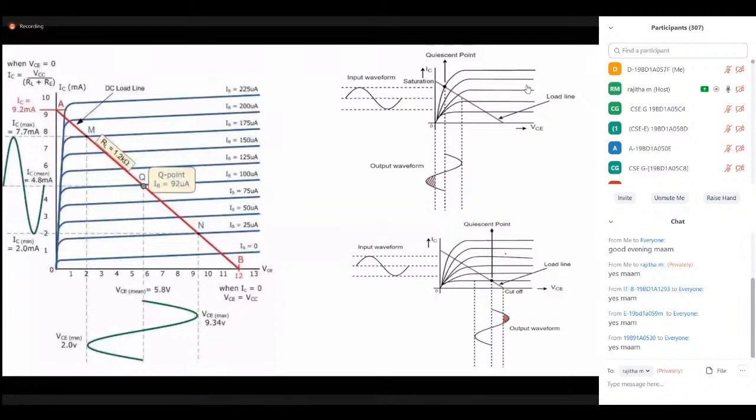Now, see here. So I can place my operating point. Due to the applied DC voltages, your operating point might be anywhere in the linear region, and that depends on the magnitudes of VCC and the components you connected in the biasing circuit.